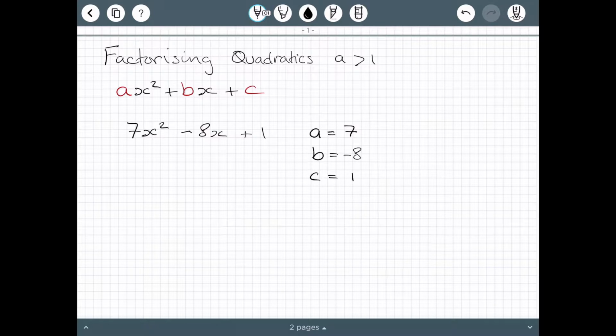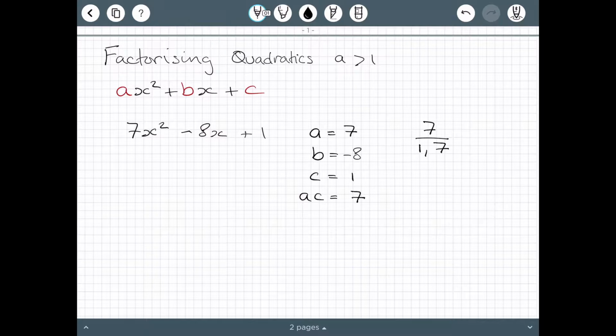Now remember, I always like doing AC because we need to use AC to find the numbers that we can use. So a times c, so 7 times 1 is 7. This gives us the target number which we're looking to multiply to get our answers. So numbers that multiply to make 7, well 7's prime, so the only numbers that multiply to make 7 are 1 and 7.